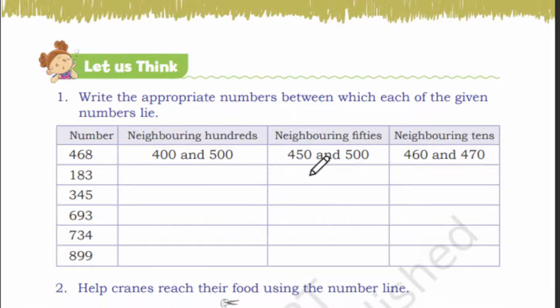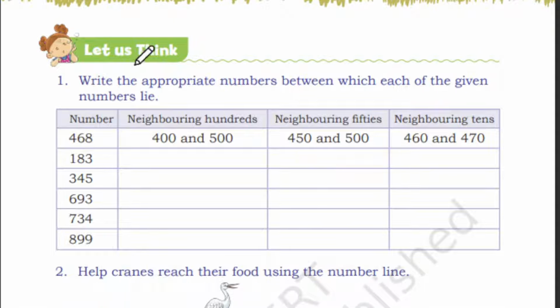So next one, write the appropriate number between which each of the given groups lie. So we have neighboring hundreds, 400 and 500, 450 and 500, 460 and 470.